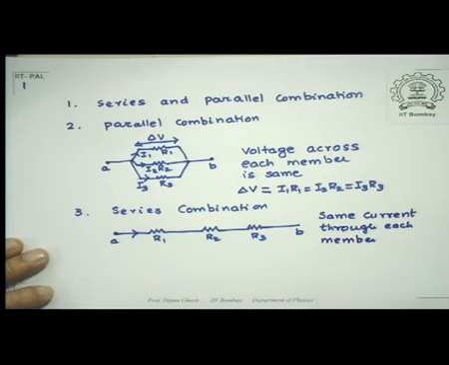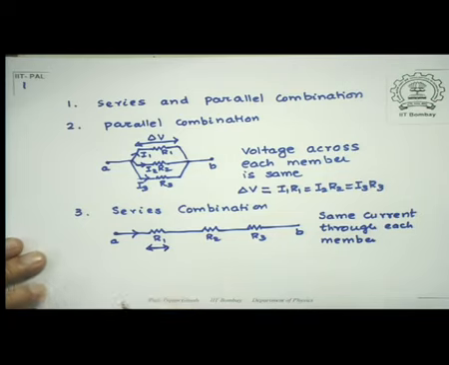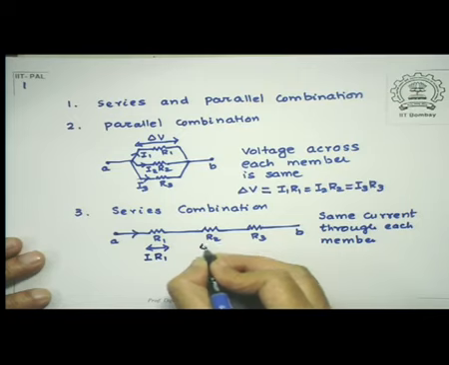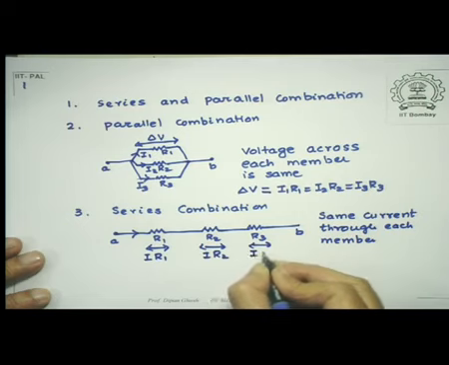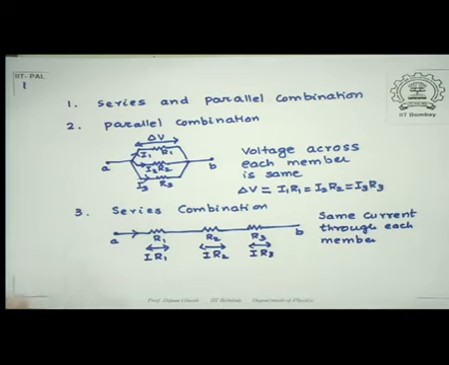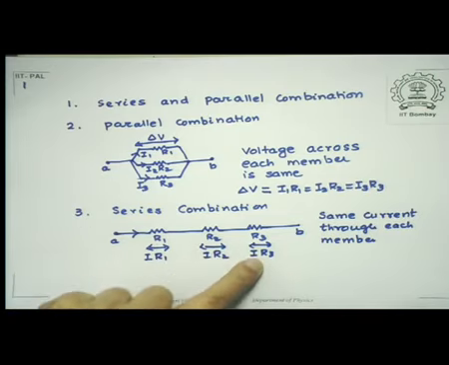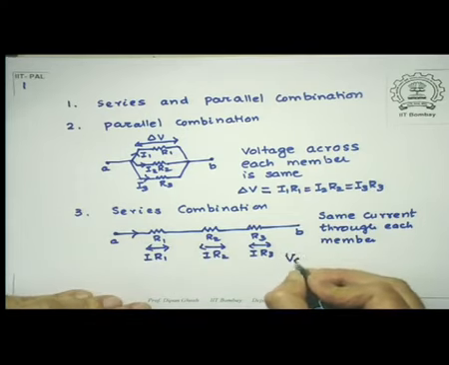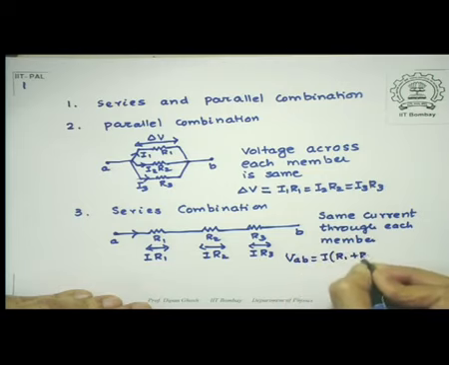As a result, since I is the same and here R's are different again, so therefore this is IR1, this is IR2, this is IR3, this is the drop across them. So therefore, the drop delta V1 across this, delta V2 across this, delta V3 across this. So the net drop across AB, so let's call this VAB, is I times R1 plus R2 plus R3.